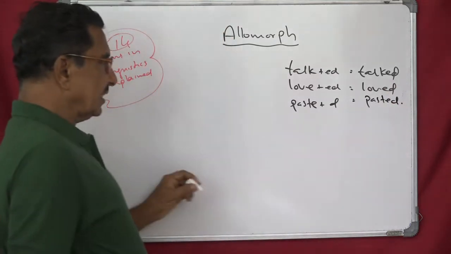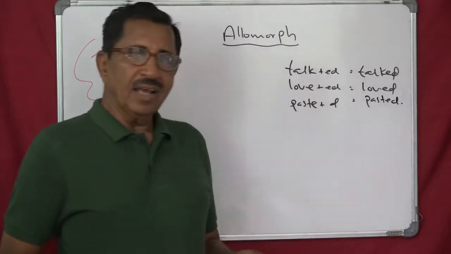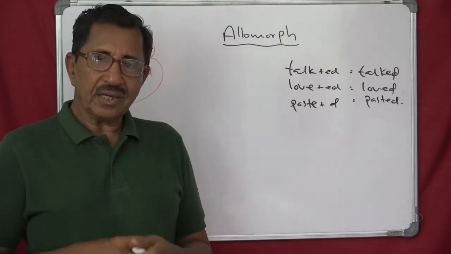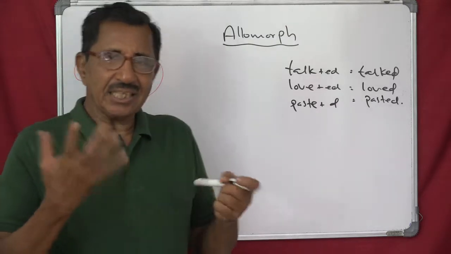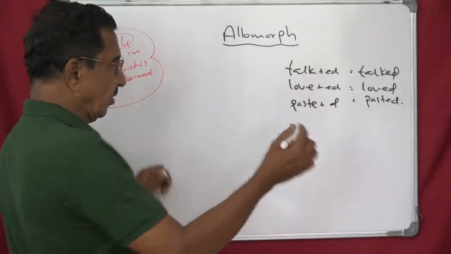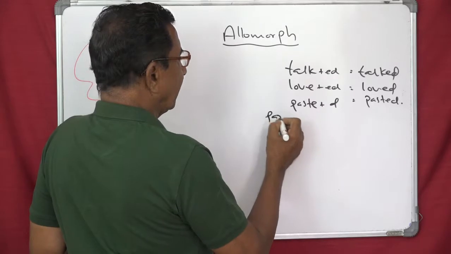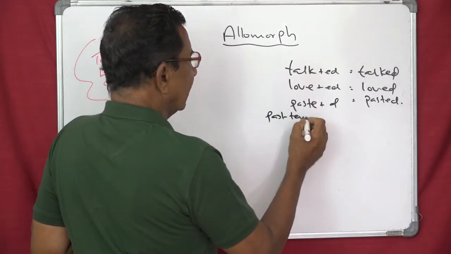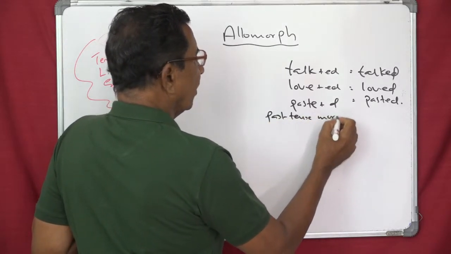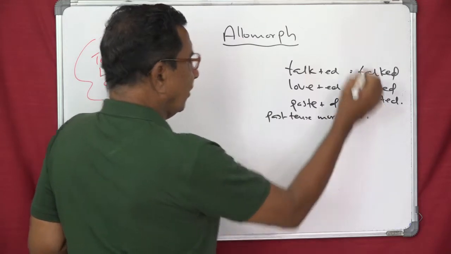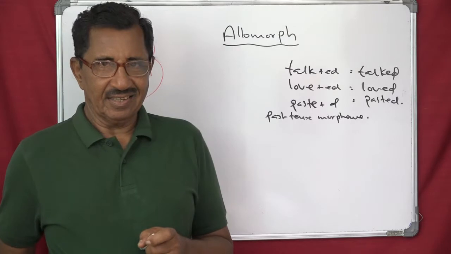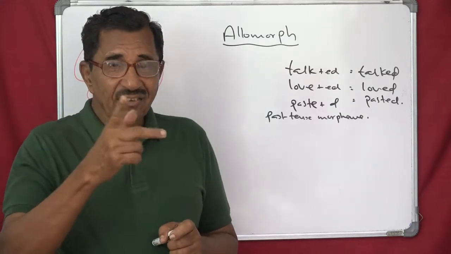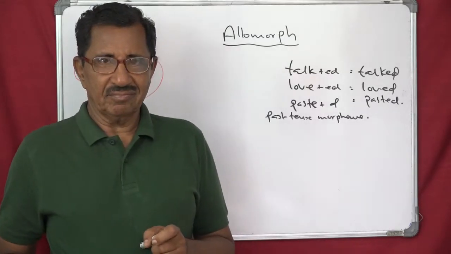The interesting thing is that the morphemes represented by ed are past tense morphemes. They have a meaning. What is the meaning? The meaning is past tense. But they appear in three different forms.